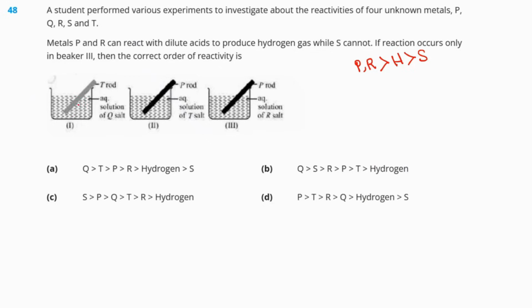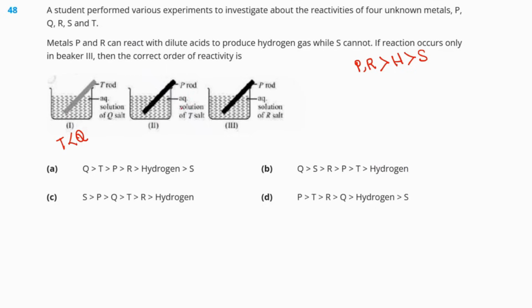What happens? Here in beaker 1, T rod is in the Q salt. So there is no reaction. Right? So that means what? T is less reactive than Q. Correct? In the second beaker, P rod is in the T salt solution.